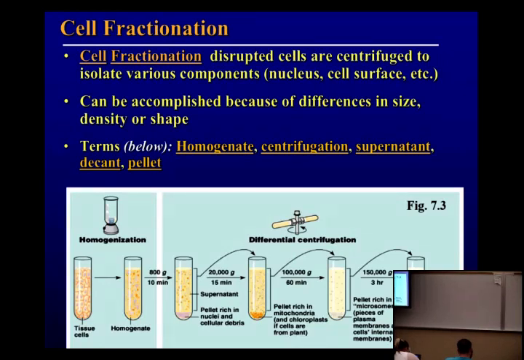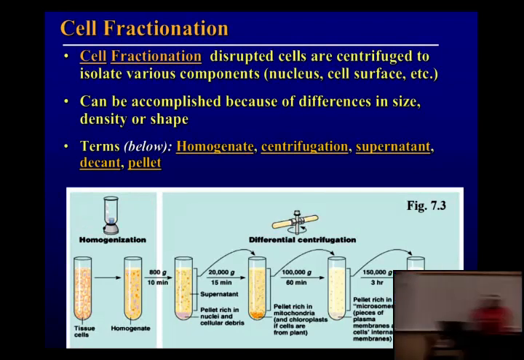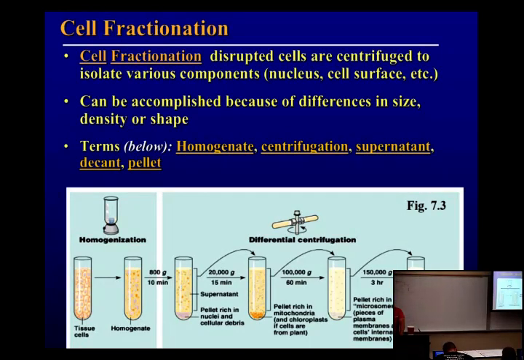I mean, why would scientists do this? To see how they act, to understand how they work. Well, yeah, so we want to understand their function. That's the reason for cell fractionation. So on the exam, if I ask you, what's the purpose of cell fractionation? What are you going to tell me?